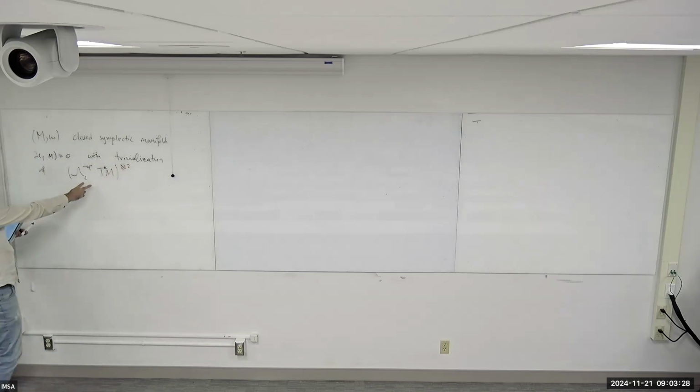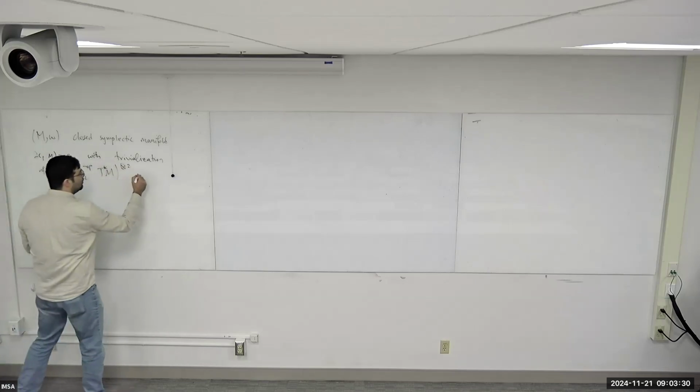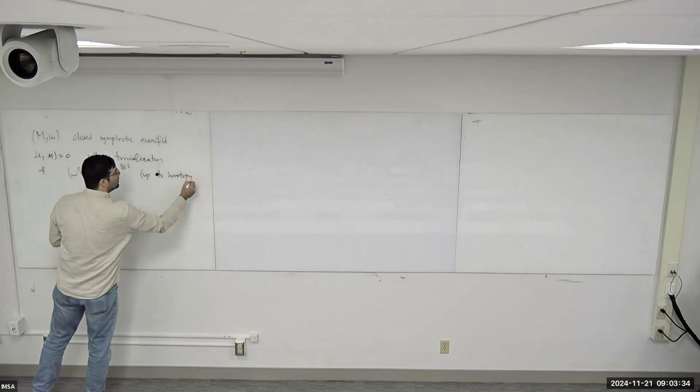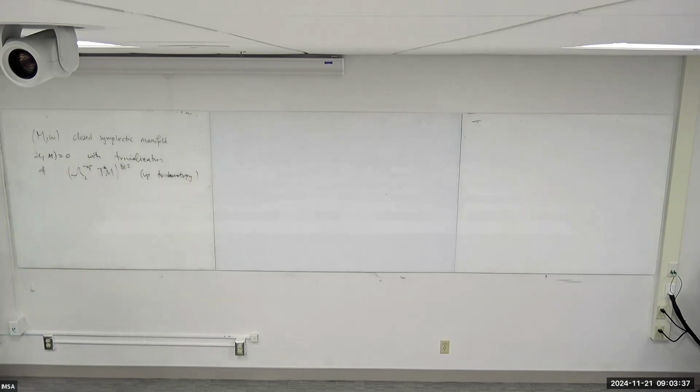Okay, so this is some homotopy. This is some flexible version of a quadratic volume form. What is the bundle? It's just the top exterior power.